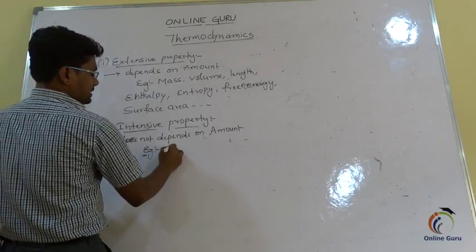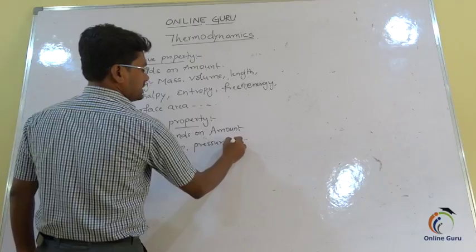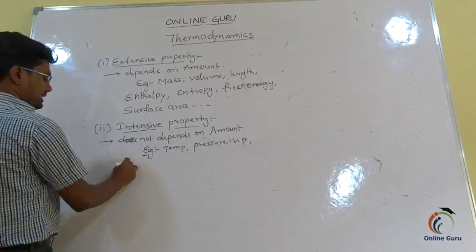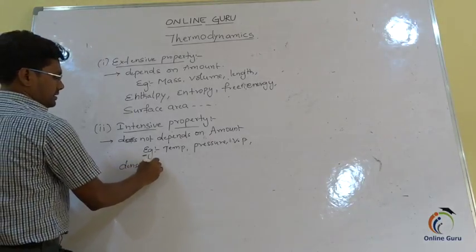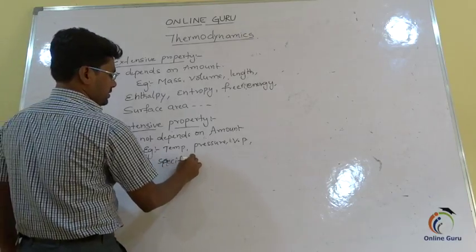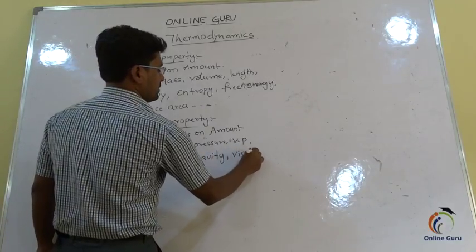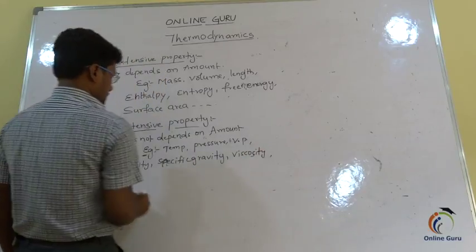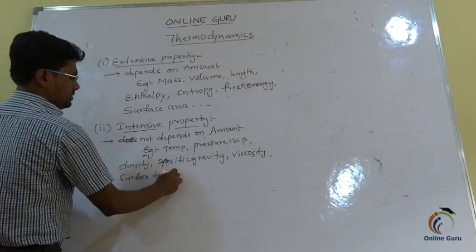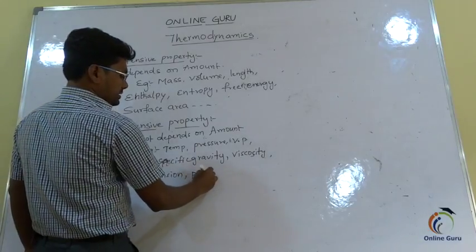Examples for this are temperature, pressure, next vapor pressure, next density, specific gravity, viscosity, next surface tension, the pH, EMF.